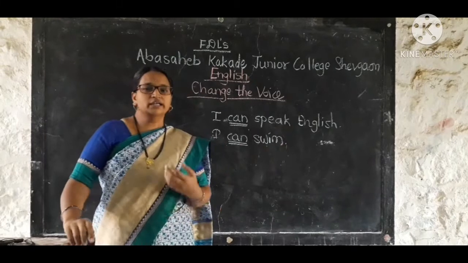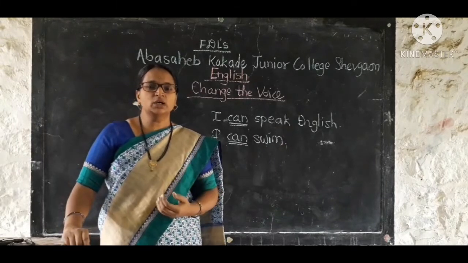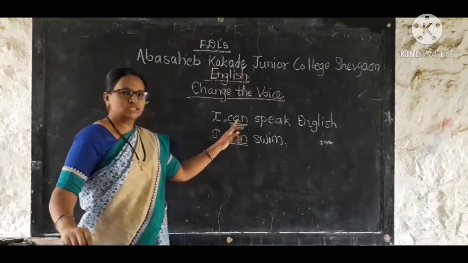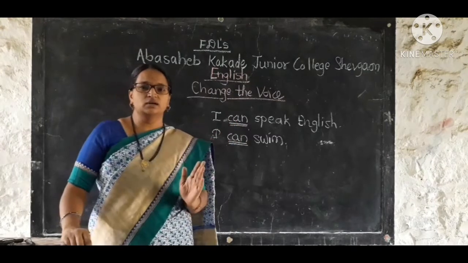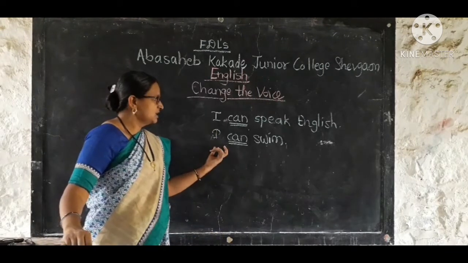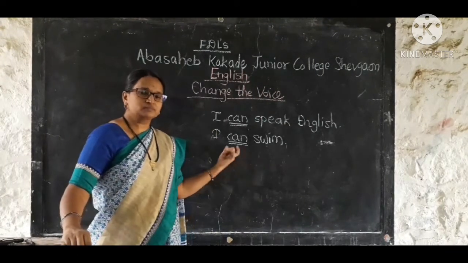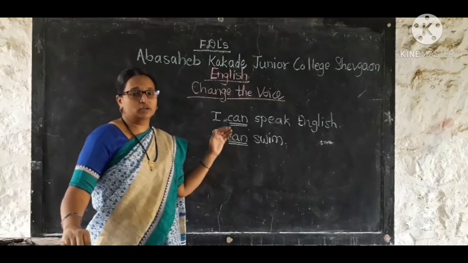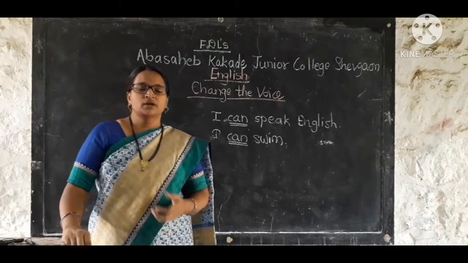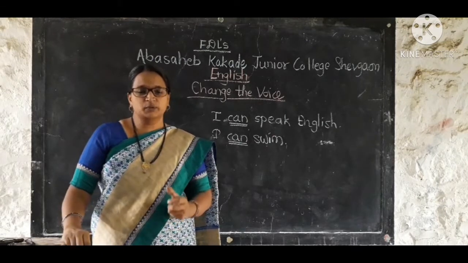Here it indicates the ability of the speaker to speak in English. Can is person is able to speak in English. Or see the second sentence, I can swim. Here again we have can, this modal auxiliary, and it indicates ability of the speaker.